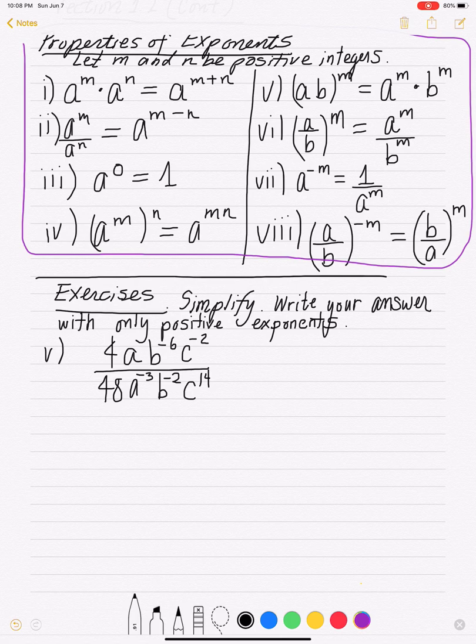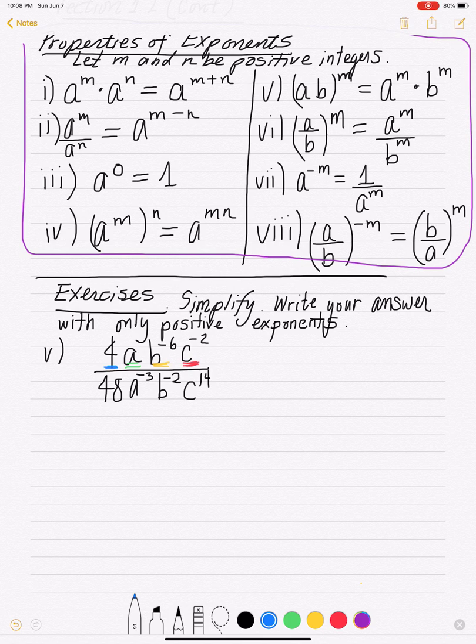So, situation is we have 4 components on the top. We have the coefficient 4, we have the a component, we have the b component, we have the c component. So I'm using those different colors.